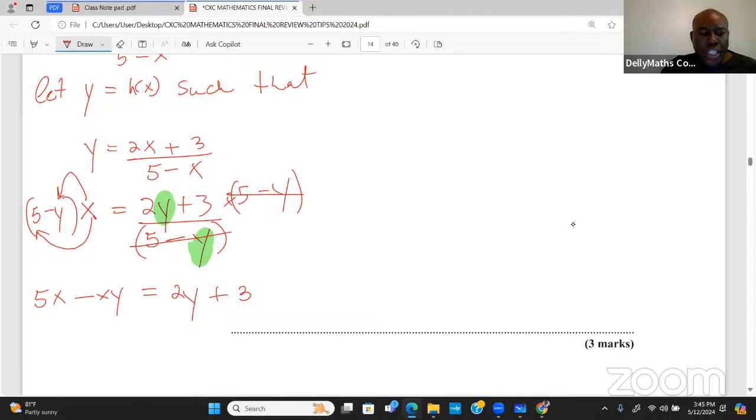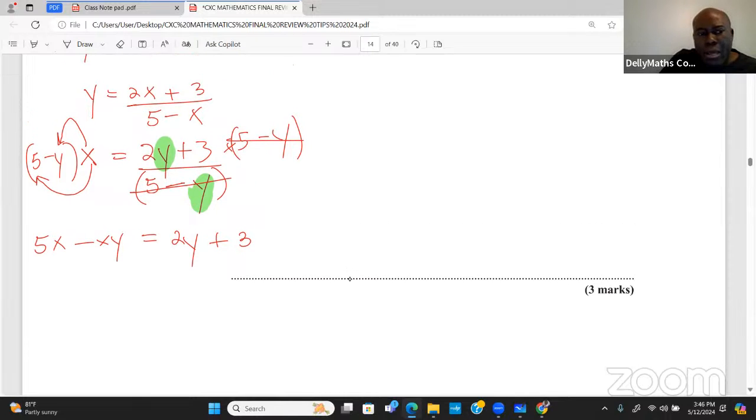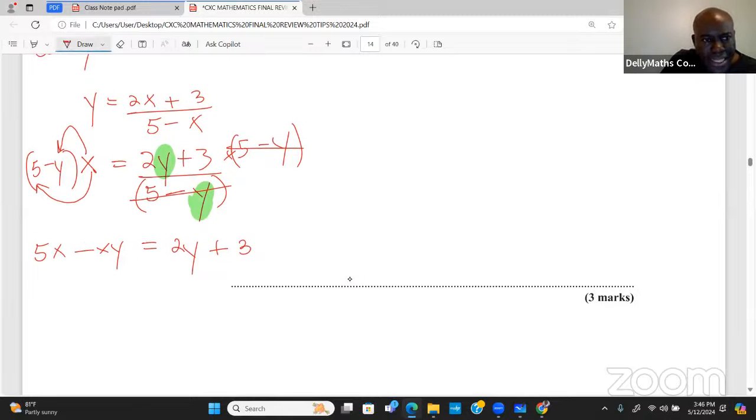My bad, what we want to do here, though, is to remember the context of the question. The context of the question is that I want to collect my y's on one side. So let us say I want the y's on the right side. I determine where I want the y. It doesn't matter. But let us say I want the y's on the right side, right? So right now, all we're going to do is to say, all right, let's add xy to both sides.